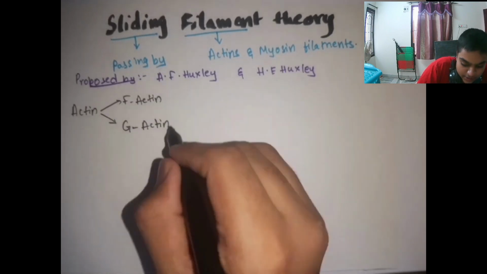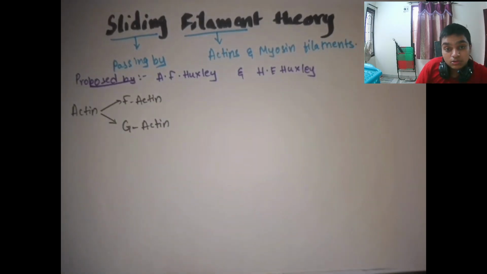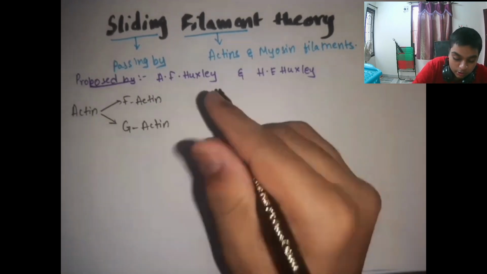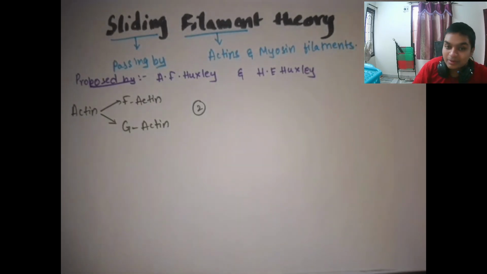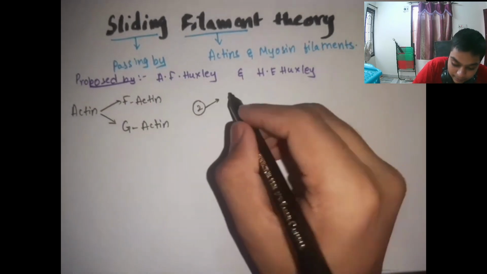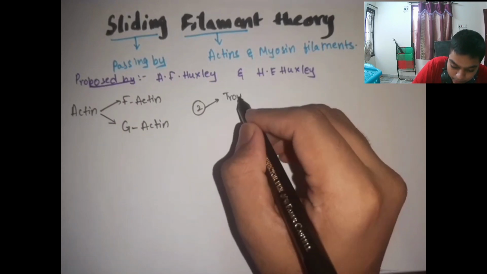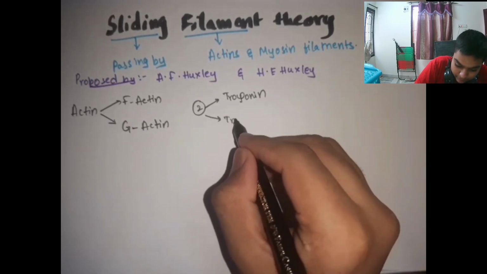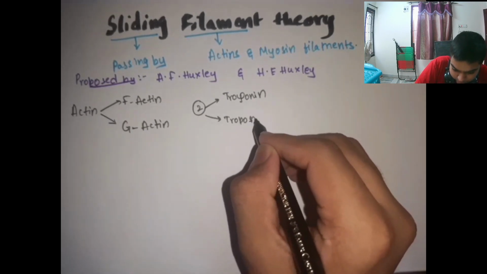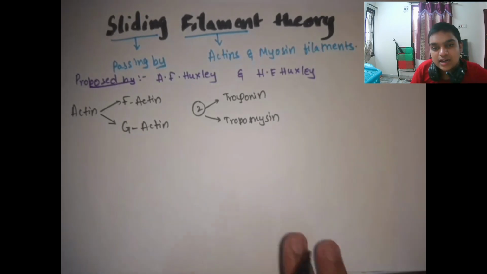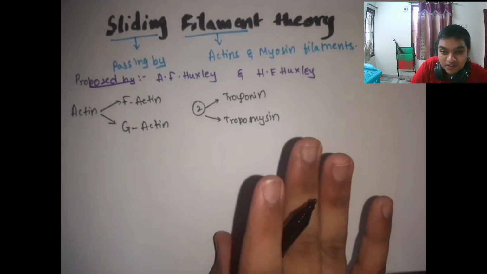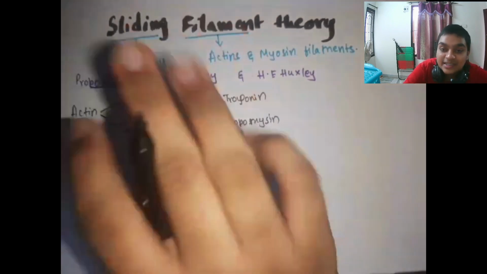F actin is made up of globular actin. Not only these, there are two more proteins responsible for muscle contraction: troponin and tropomyosin.